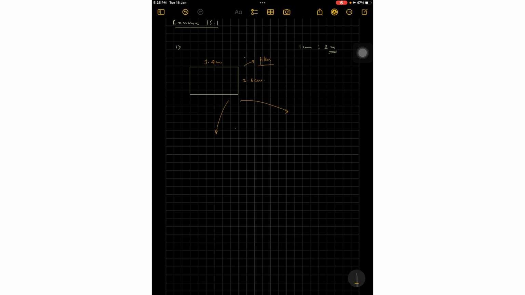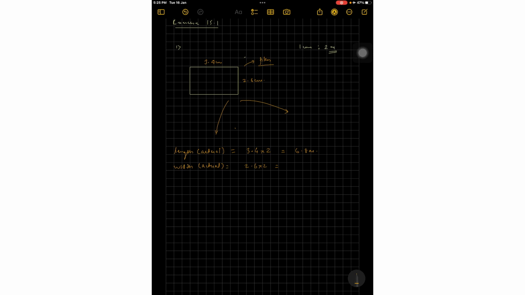So we do some calculations for the length. The actual length would be equal to 3.4 times 2, because it's getting doubled, as 1 centimeter is representing 2 meters over there. So now in actual, we expect this to be 6.8 meters in length, and the width of this house in actual is going to be 2.6 times 2, making it larger.